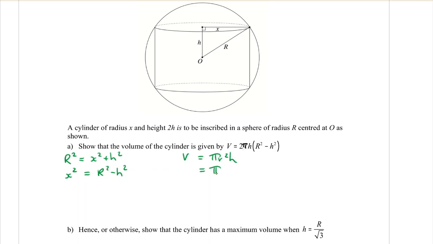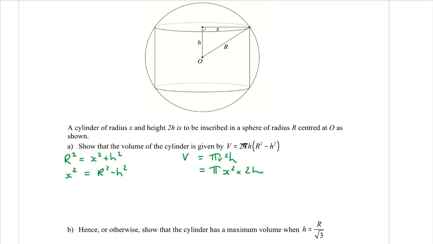The cylinder. x is the cylinder, so that's going to be pi x squared. What is the height of my cylinder? 2h. Okay, so that's using the direct dimensions from my diagram. Radius is x, so x squared, and the height of my cylinder would be 2 lots of that h there.